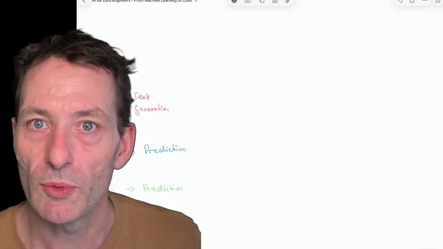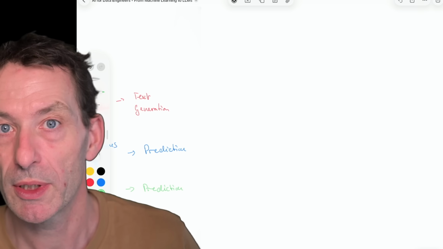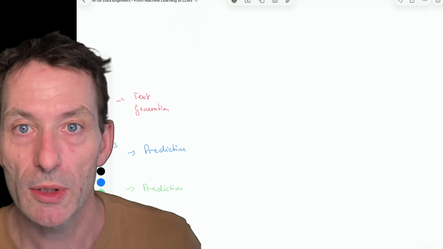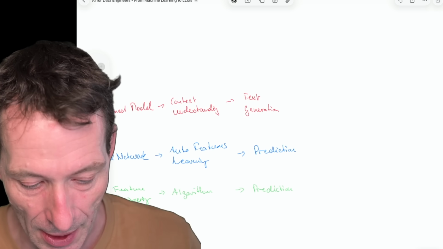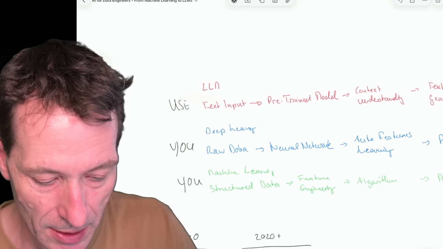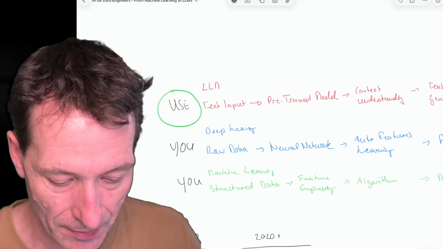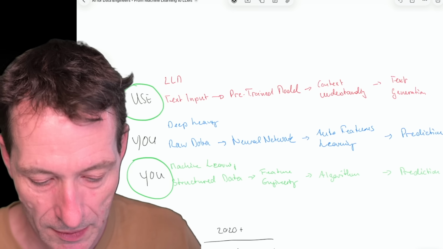Where do you find workloads that are large language model powered in Microsoft Fabric, and where do you find workloads that are machine learning powered? Just remember, everything that is large language model powered means you simply use that stuff, right? Everything that is machine learning powered means you need to build that model.